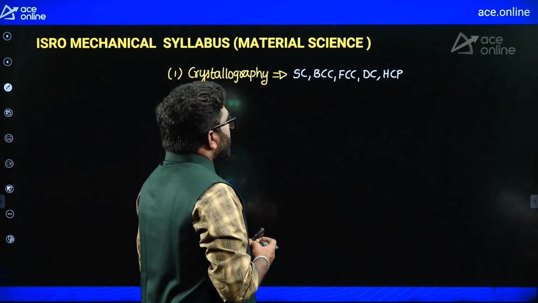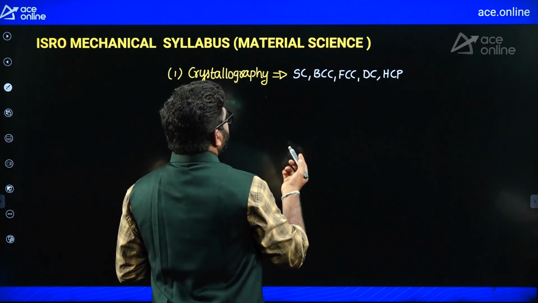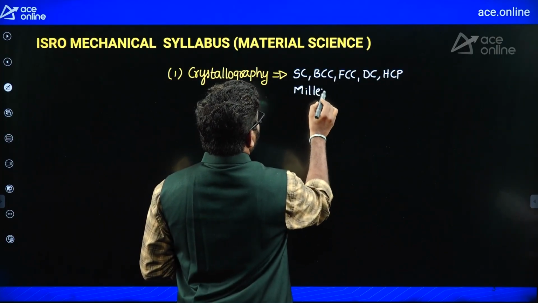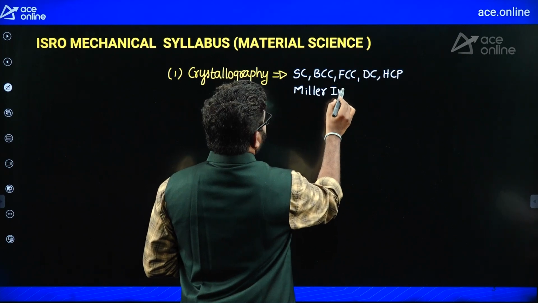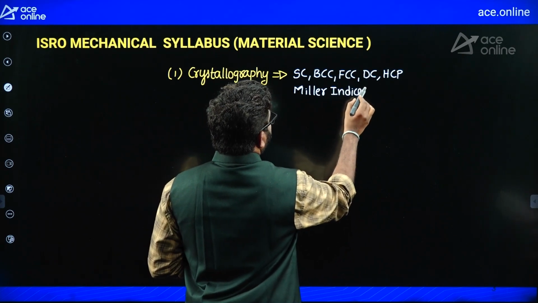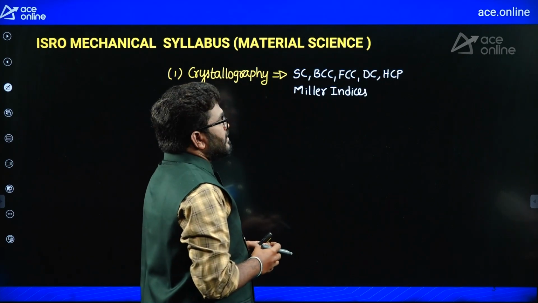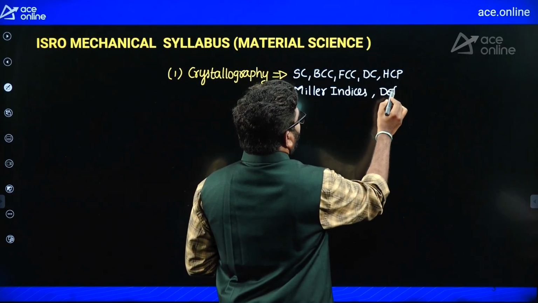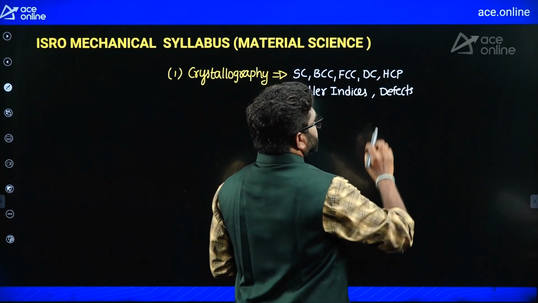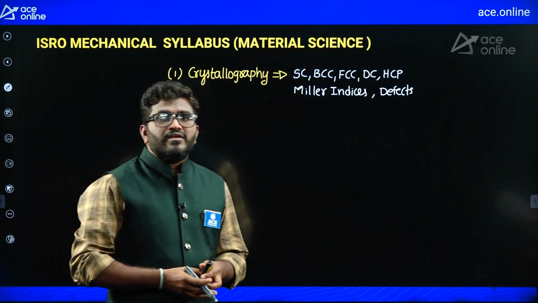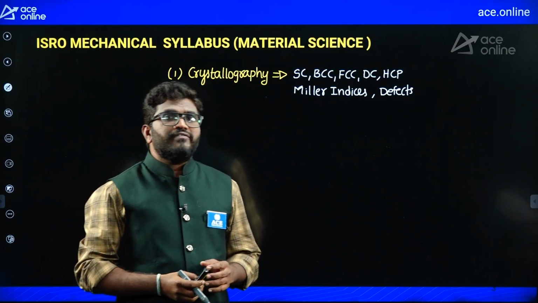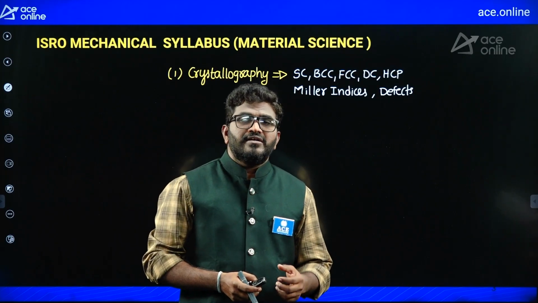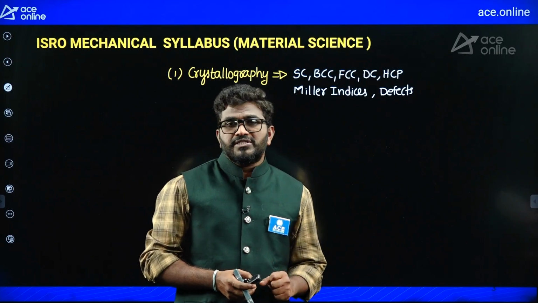Same way, from the same unit, they will ask you questions from the Miller indices concept, and questions from defects like point defects and line defects, like the Frenkel defect, Schottky defect, vacancy defect, and also dislocations, edge dislocation and screw dislocation.